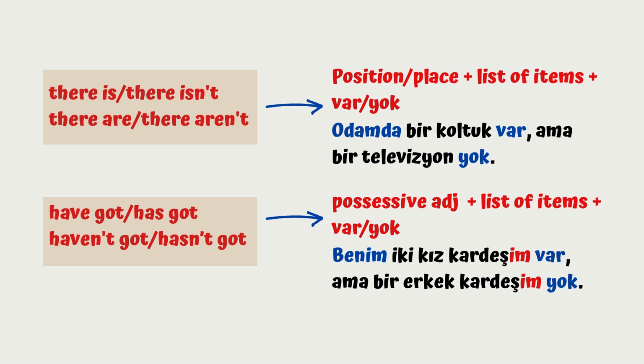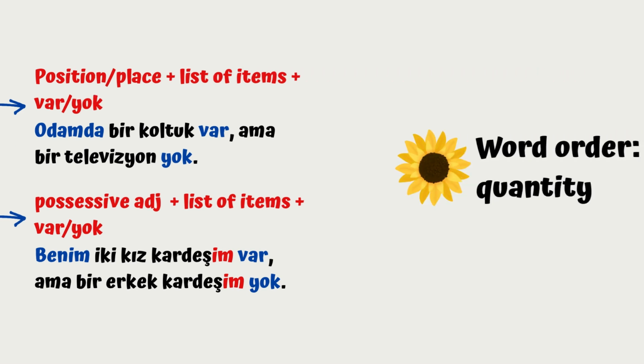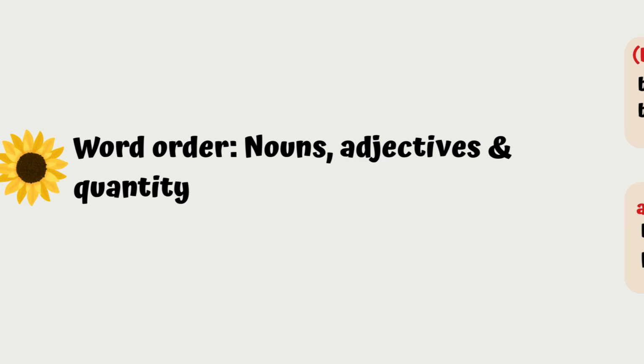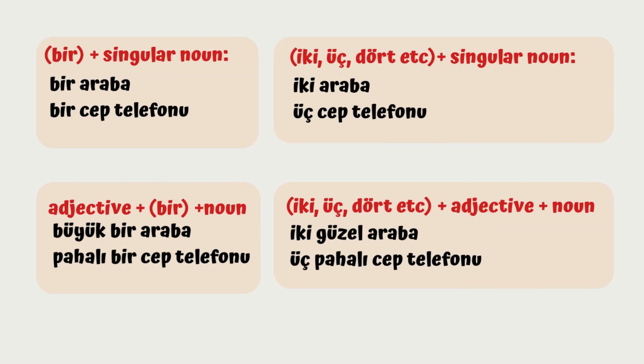Before we practice any further, I just want to go over the word order in Turkish. Remember, we list the items in the middle. But how do we list them? What is the order? Please remember that nouns are usually in singular form in Turkish. So when we say bir, iki, üç, the noun is always singular. Like these examples, bir araba, iki araba, bir cep telefonu, üç cep telefonu.